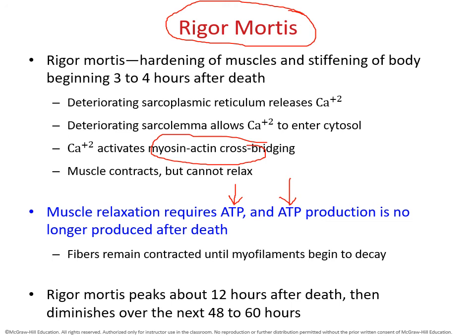And as the cross bridges fall apart, then so does muscle relaxation occur, because once again, there's nothing there to allow the myofilaments to interact. The sarcomere, the contractile unit, is literally disappearing. It literally falls apart.